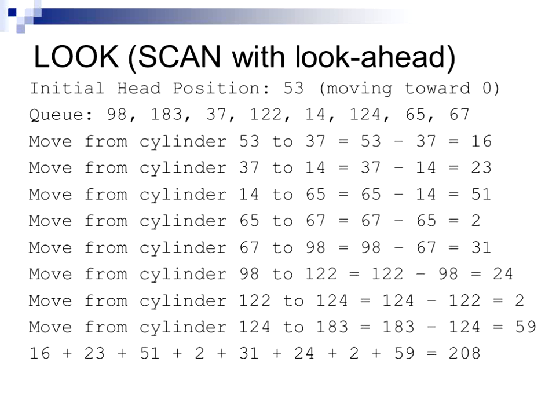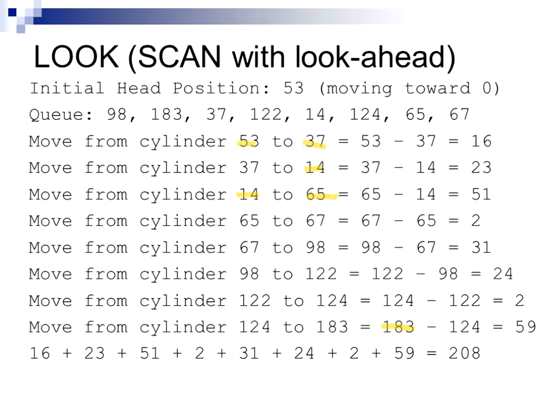So here's what look would look like, and this is a scan with look ahead. Again, we start at 53, we'd go down to 37 and so on until we got to 14. But now we don't go from 14 all the way down to 0. We go from 14 up to 65 and continue in that direction until we get all the way to 183.